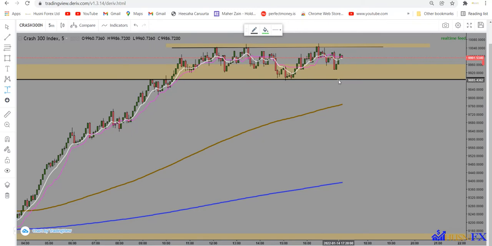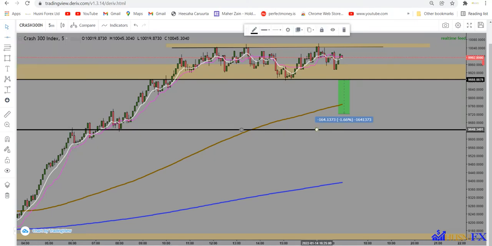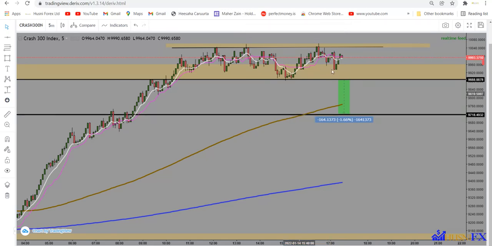For example, I drag and drop down, 1.66, 1.62, okay. There is my target if the price continues down.